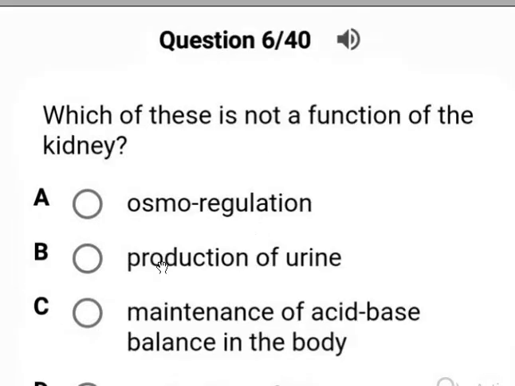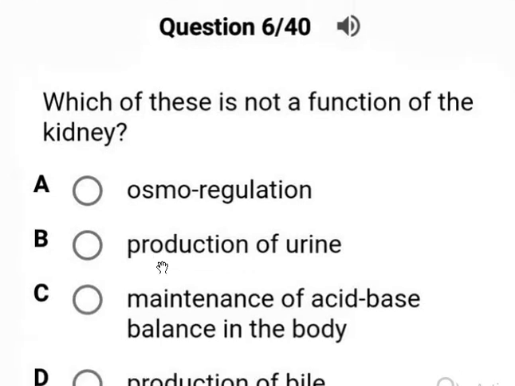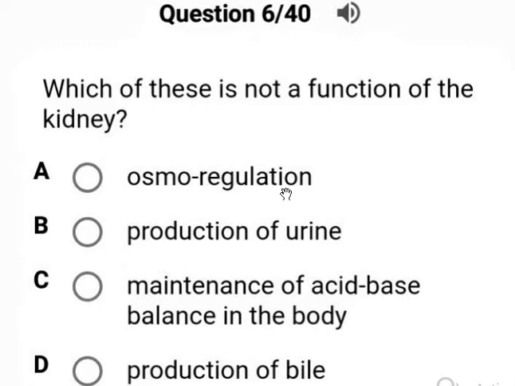Question 6 says, which of the following is not a function of the kidney? A. Osmoregulation. B. Production of urine. C. Maintenance of acid-base balance in the body. D. Production of bile. So the correct option is option D. The kidney does not produce bile. Bile is manufactured in the liver.